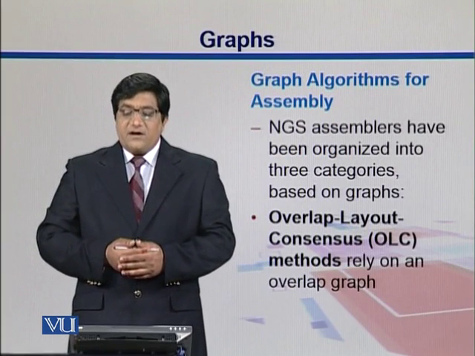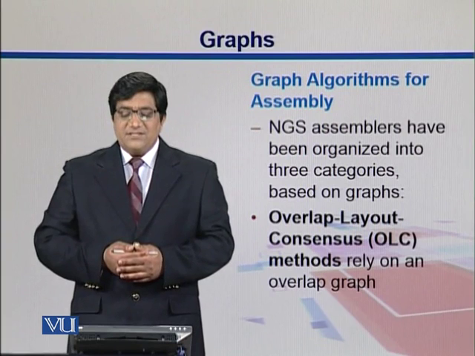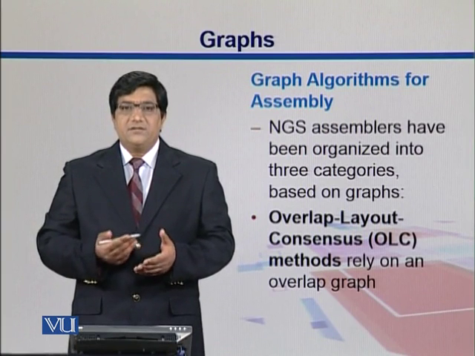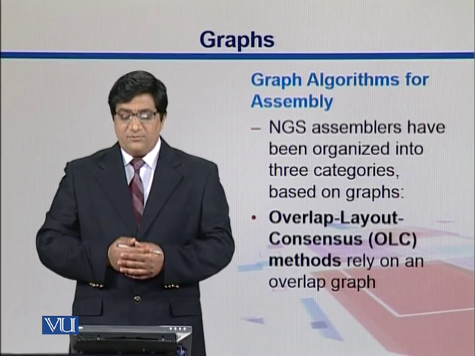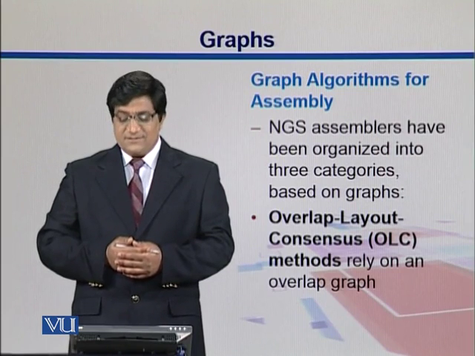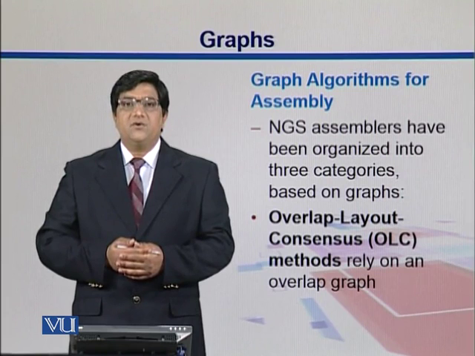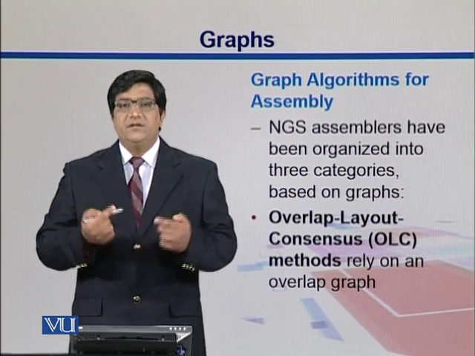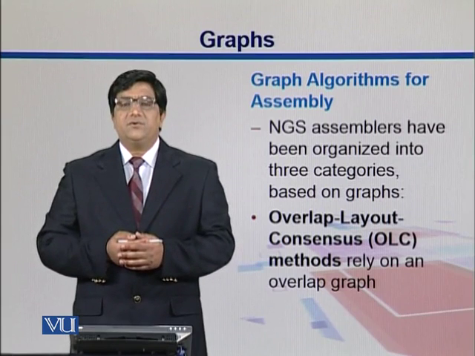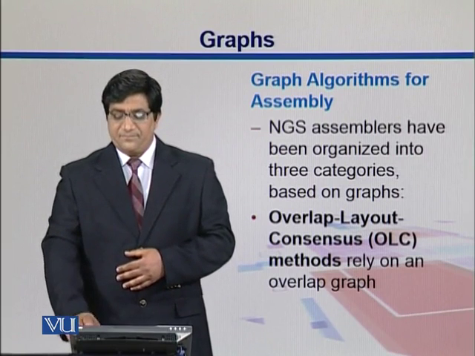So what are the different graph assembly algorithms? Assemblers have been organized into three broad categories. Mainly we use what we call overlap layout consensus, or OLC, methods. They rely on the overlaps between short sequencing reads: we put those overlaps as edges, and we take the reads as nodes.